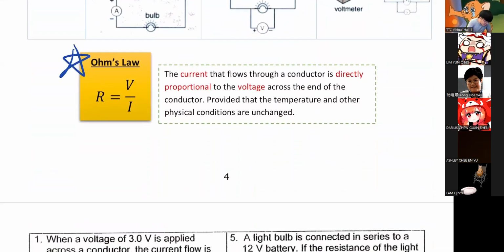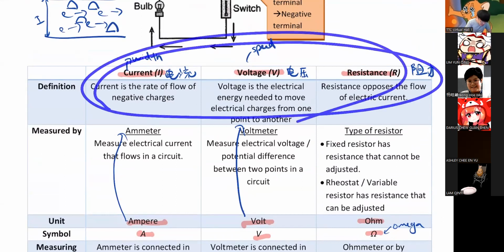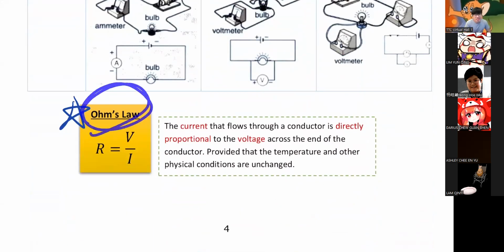Guys, please memorize this formula. I'll put a star here. Super ultra important. Next time you go physics, you will see this thing a lot. So what is this? This is our Ohm's law. Because everything you see here, it's made by this guy called Ohm.